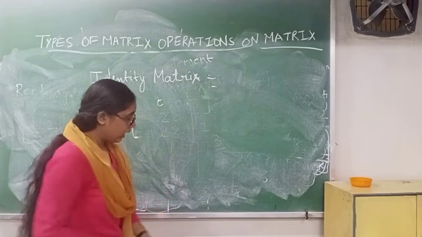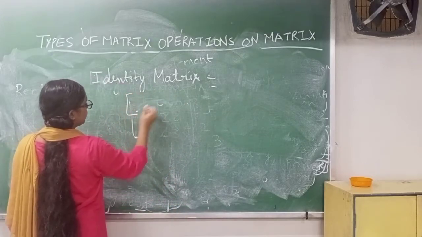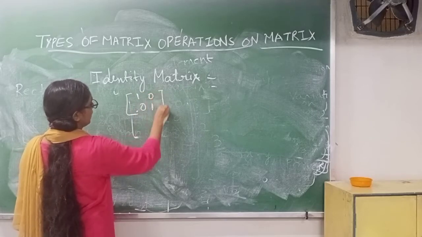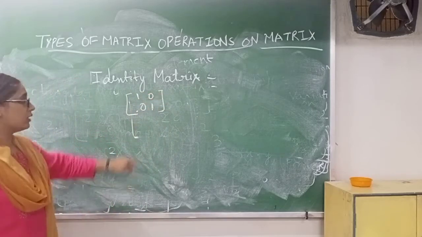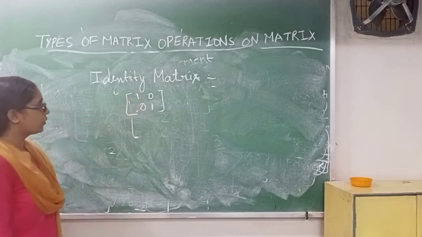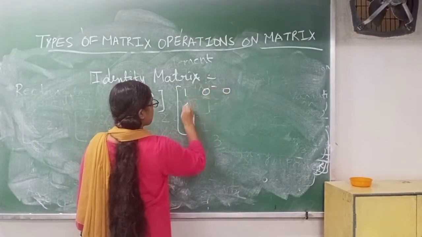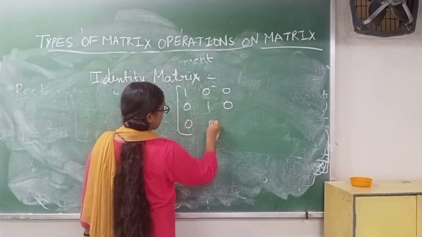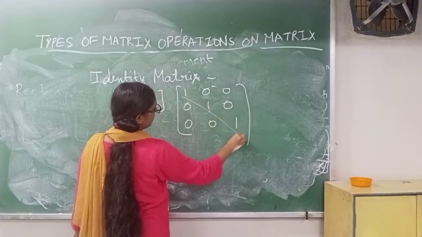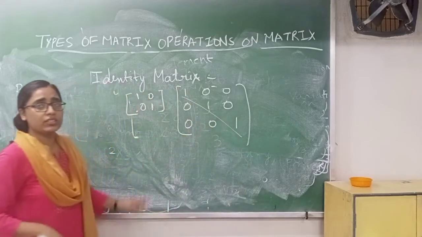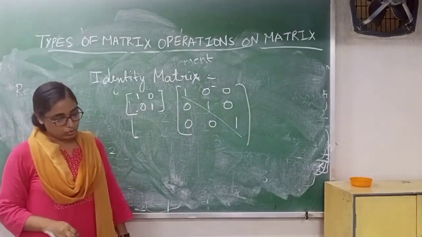Identity matrices are those matrices in which on the diagonal we have only 1 and everything else will be 0. Diagonally we have 1 and all the other things will be 0. See, diagonally we have 1, only 1 in an identity matrix. But in a diagonal matrix, any number can be there.